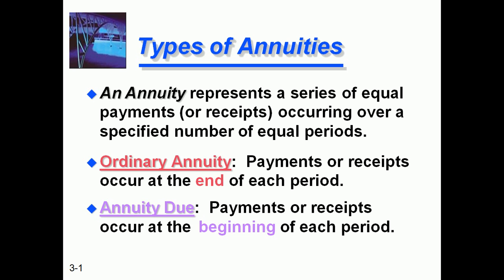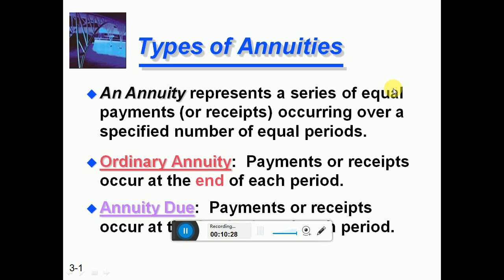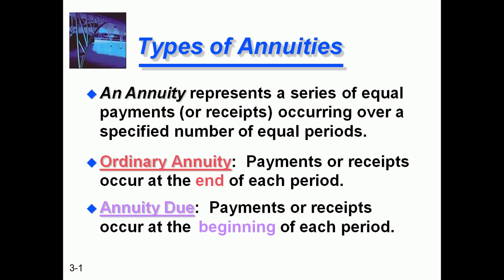Now there are two types of annuities. One is called ordinary annuity, and the other one is called annuity due. What is ordinary annuity? Payments or receipts occur at the end of each period.